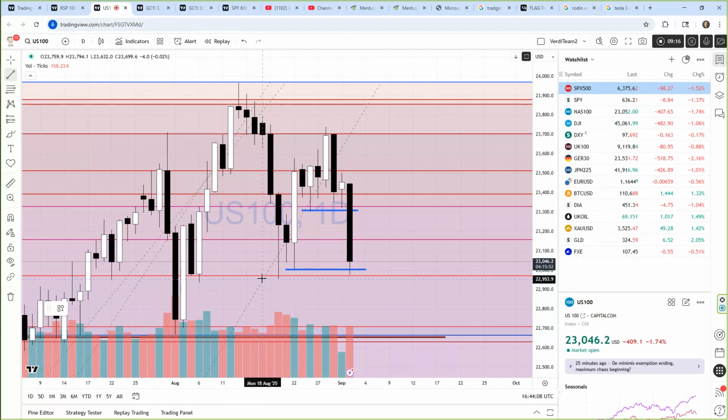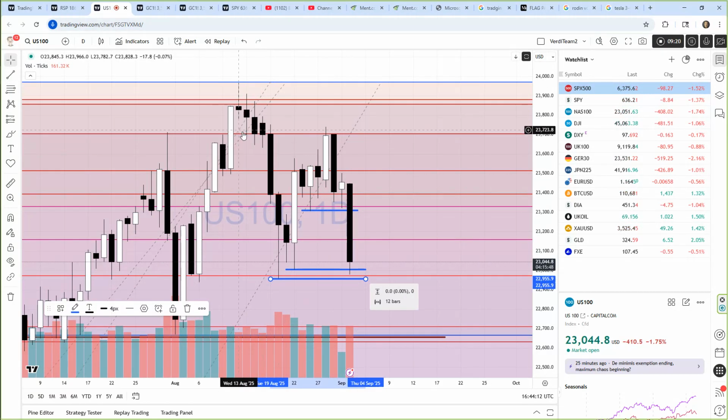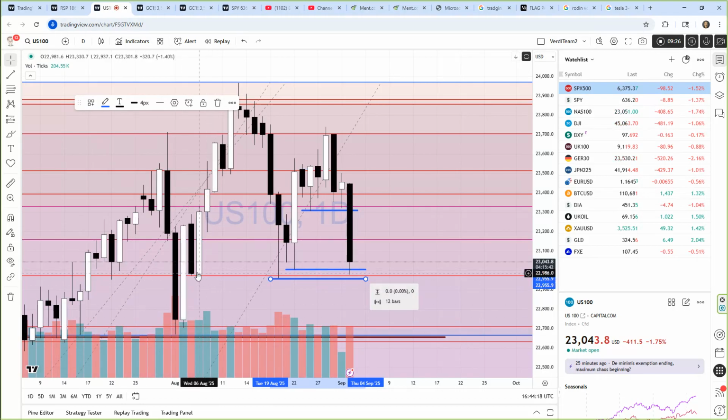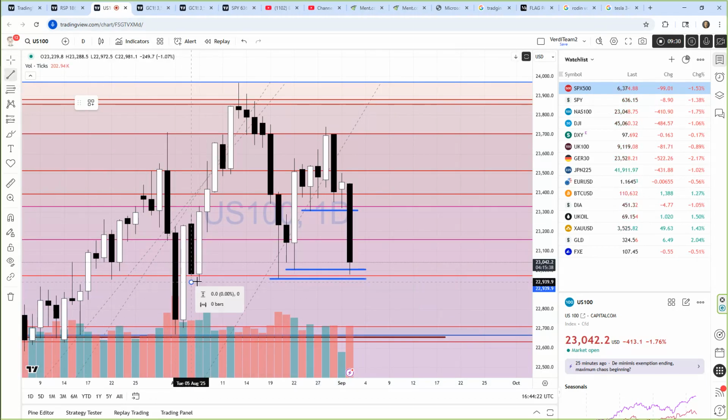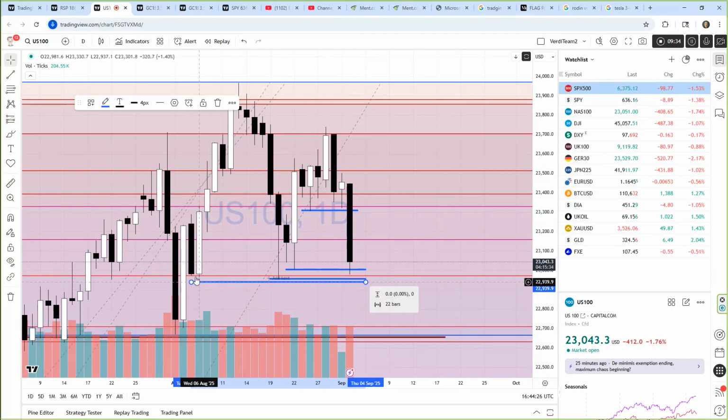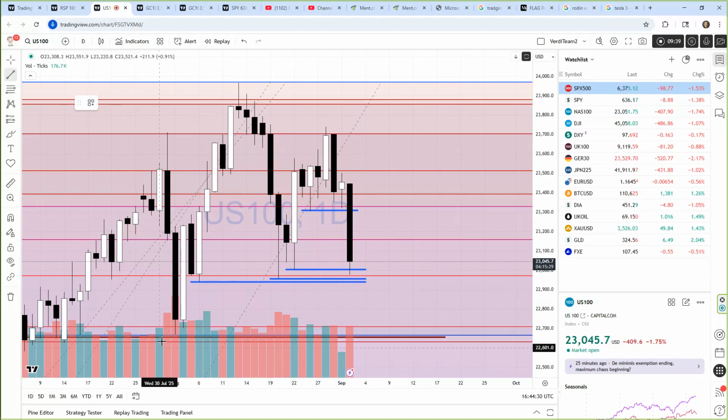This is another standout low right here. We have no standout lows here, just a series of lower lows down. We have another standout low right here.